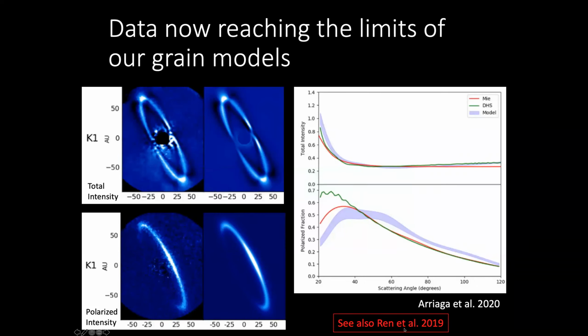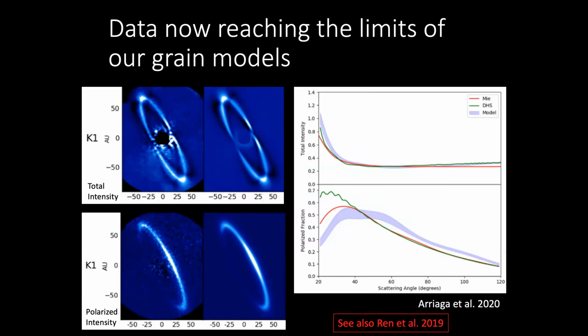This is something we've also seen. Bin Ren has a paper using GPI data and HST data, looking at the colors of a different disk. But he found a similar thing, that right now our grain models are incompatible with the measured colors, and he couldn't reproduce his disk just with these simple models.